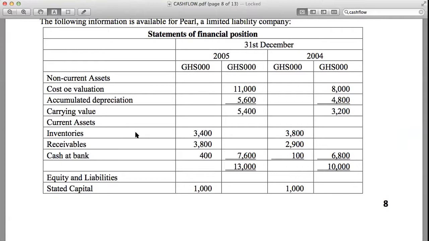What is the inventory figure at the start of the year? At the start is 38, at the end is it 34?